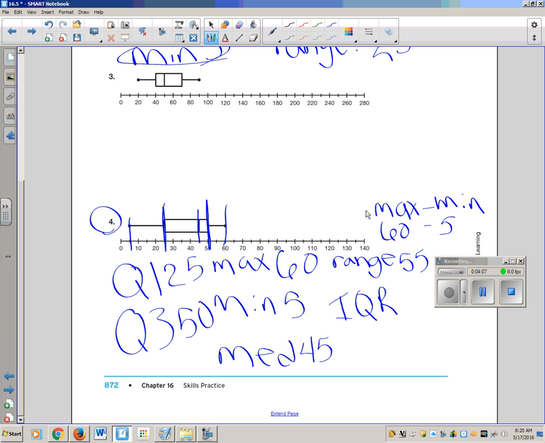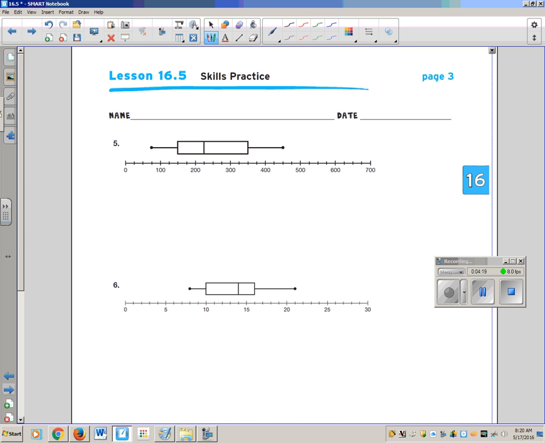Then your IQR is quadrant 3 minus quadrant 1, which is 25. This chapter is pretty easy as soon as you get the hang of it.